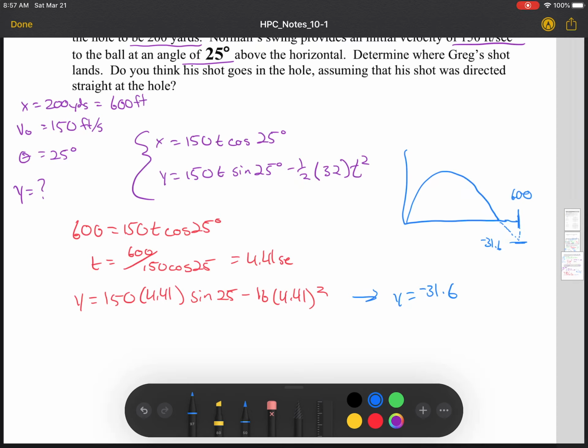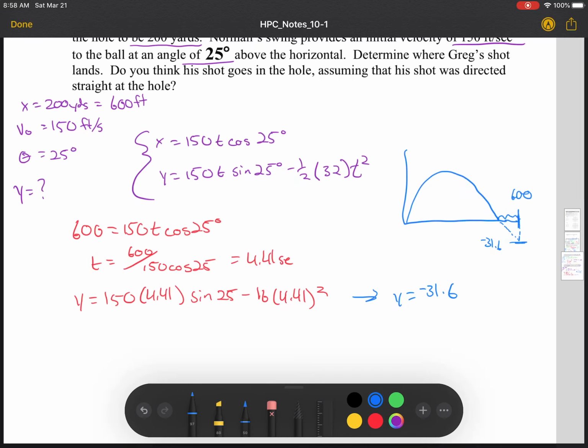So they're just saying that at 600 feet, if there was no ground there, if it could go through the axis, it would be at negative 31.6. We know that's not possible. We know it's going to hit the ground. So what we can assume is that it'll hit the ground, bounce, and have a chance at hitting the goal.